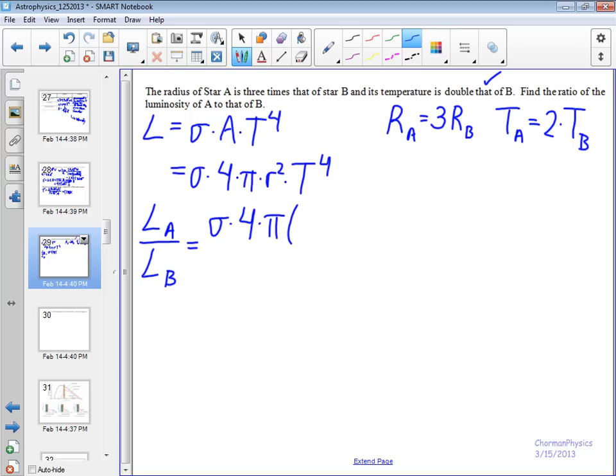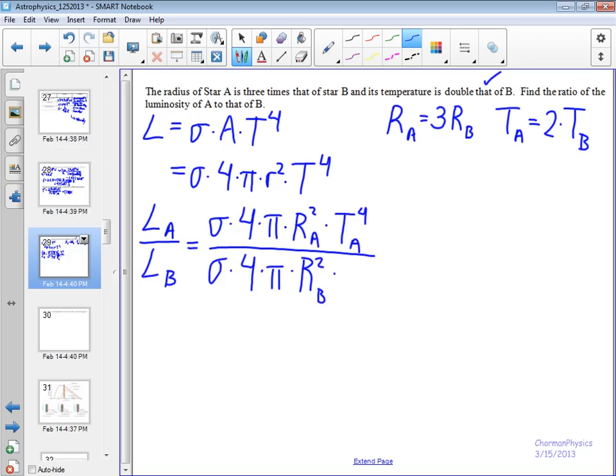So we're just looking at the ratio of the luminosity of the two stars. All right, we're going to plug everything in here. And let's see here, it's going to be R A squared T A to the fourth.